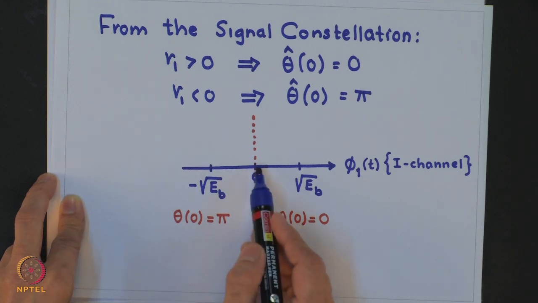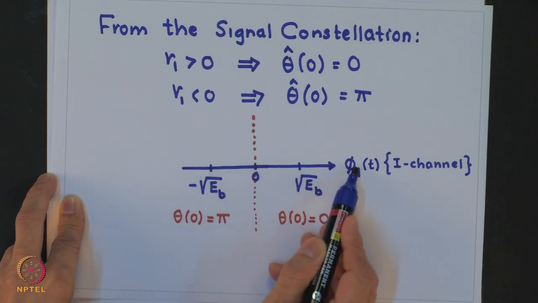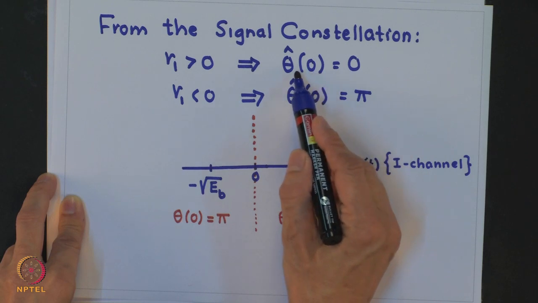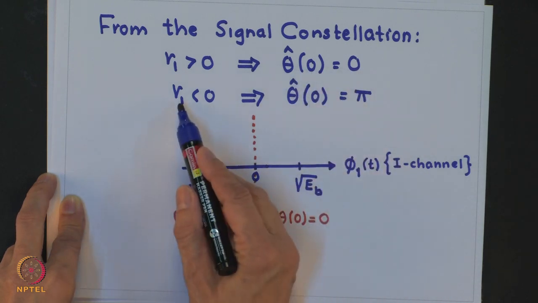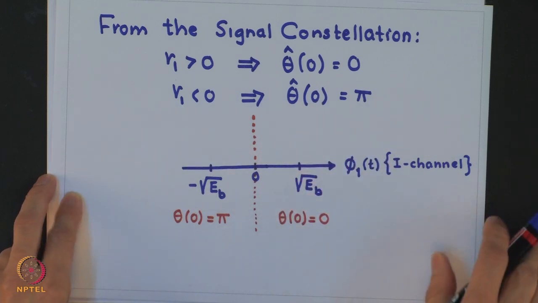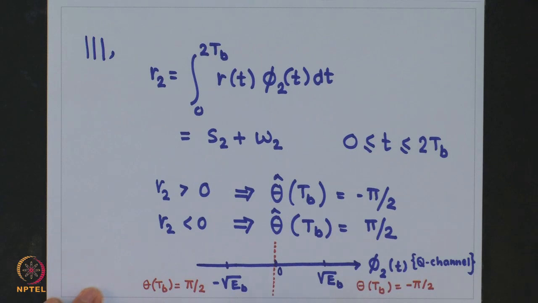So, your decision will be: if R1, which is the projection on this phi 1(t) axis, is greater than 0, then we say that theta 0 is equal to 0, and when R1 is less than 0, we say theta 0 is equal to pi. Similarly, the signal constellation for the phi 2 axis would be given by this signal space diagram.